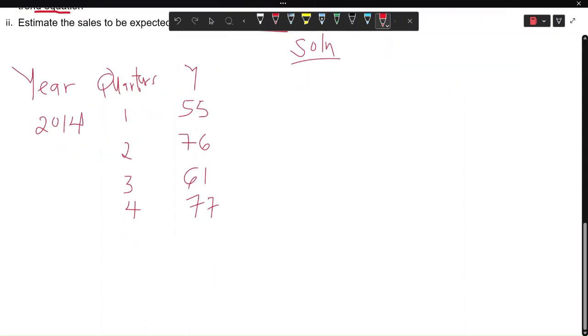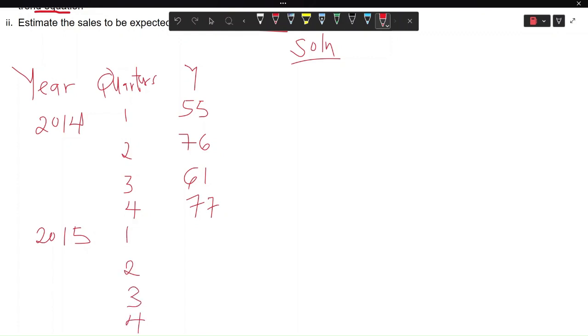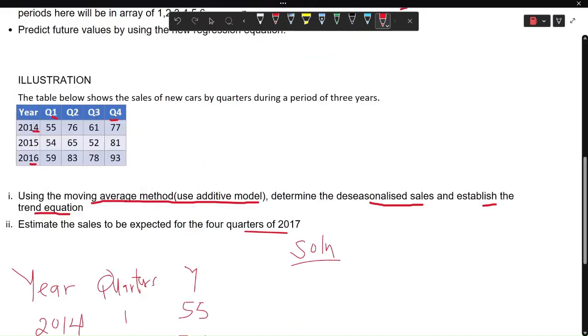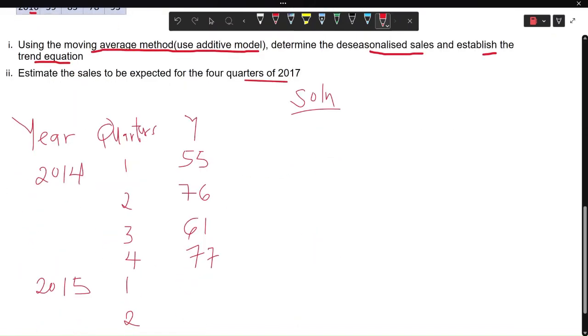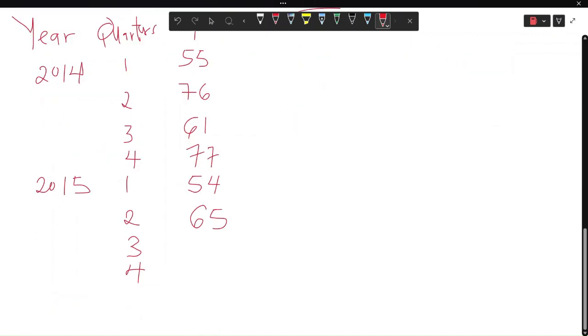Then let's move on to 2015, quarter 1, 2, 3, and 4. Also with 54, 65, 52, 81.